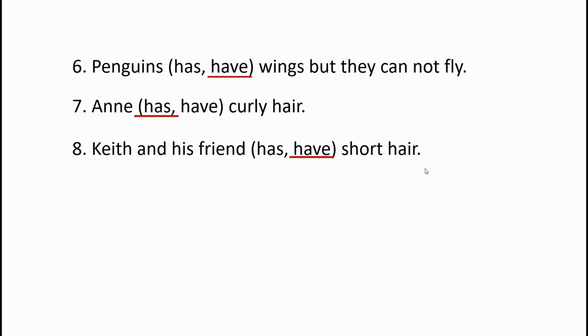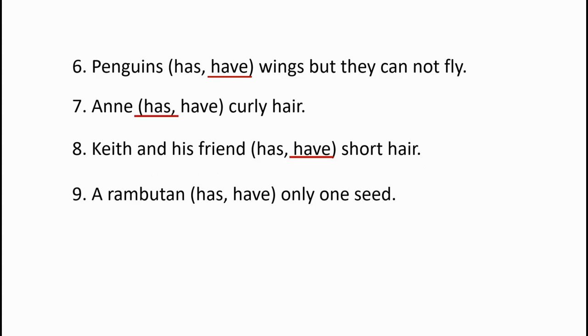Question number 9. Answer? A rambutan has only one seed. The answer is has because rambutan here is singular, only one rambutan. Alright, so we have to use has.